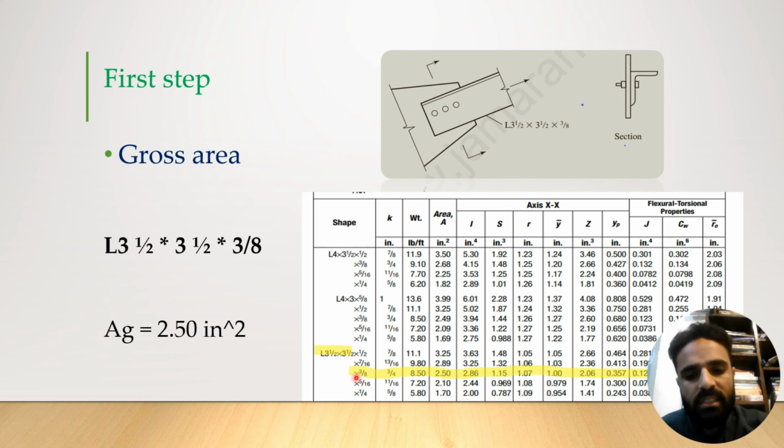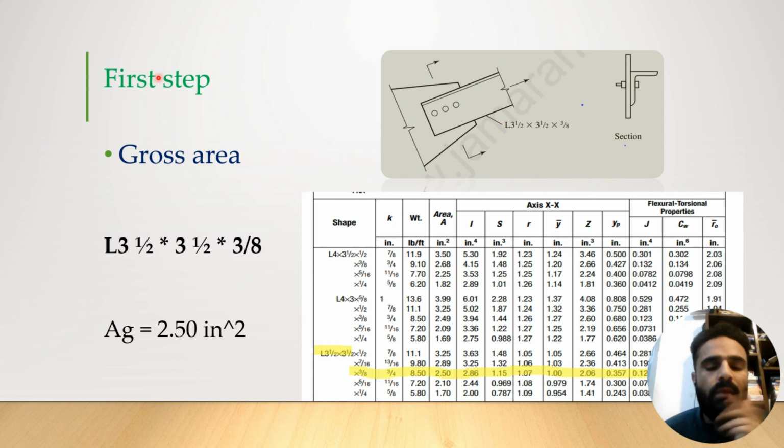In this row there are different properties for this shape: the area, radius of gyration, weight, sectional modulus. All the properties are given. Here we only need the gross area. In the area column we will get the area of this type of structural steel shape.